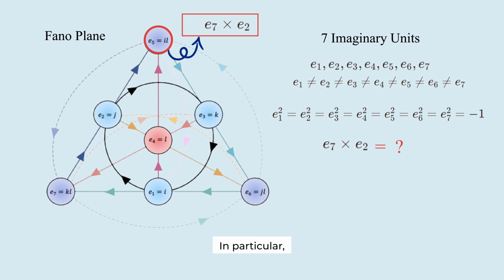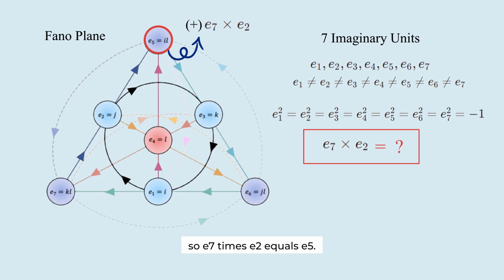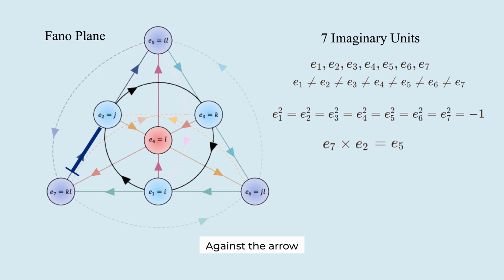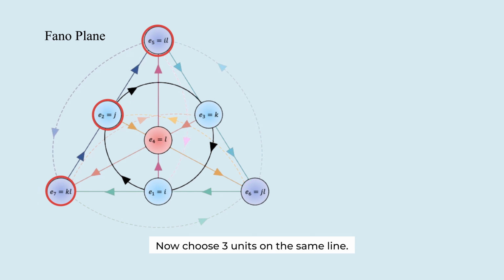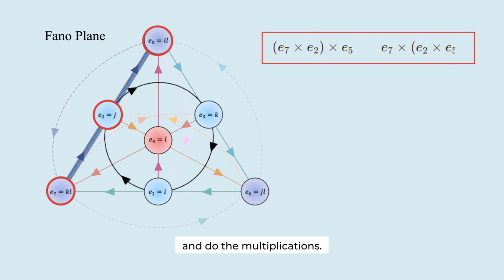In particular, multiplying along the arrow gives a positive sign, so E7 times E2 equals E5. Against the arrow gives a negative sign: E2 times E7 equals -E5. Now, choose 3 units on the same line and do the multiplications.